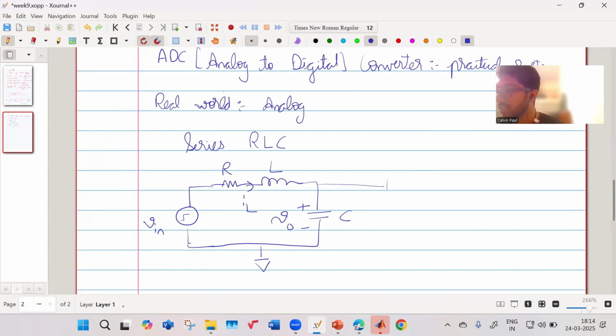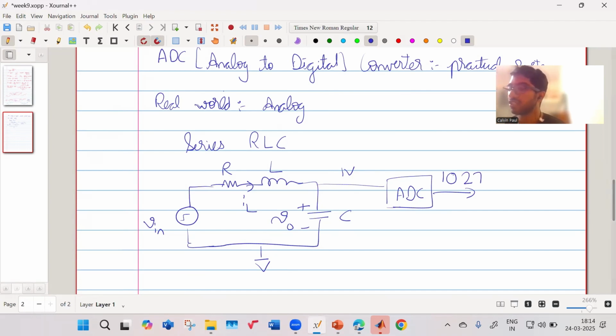So this voltage, we will take it to an ADC. Suppose this voltage is 1 volt, your ADC will convert it into some digital number depending on the bits of the ADC. Let us say it converts to 1027.